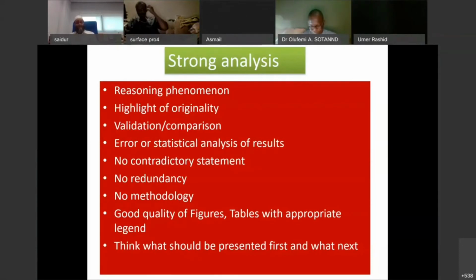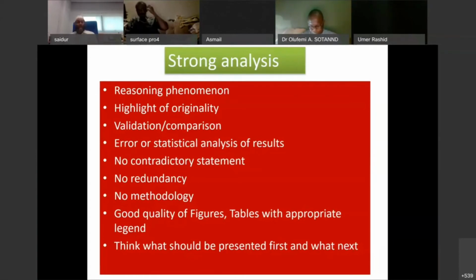This is the checklist. You can take a snapshot and ask yourself, at the final stage of submitting to your supervisor or the journal, whether all these things are addressed or not. No contradictory statements, no redundancy. Sometimes you put the same thing in one table and another figure. Don't put the same data in both tables and figures.